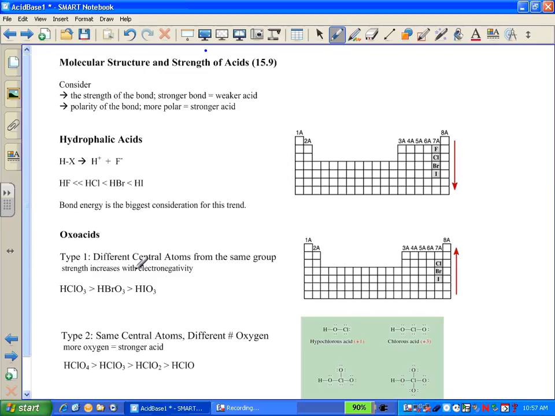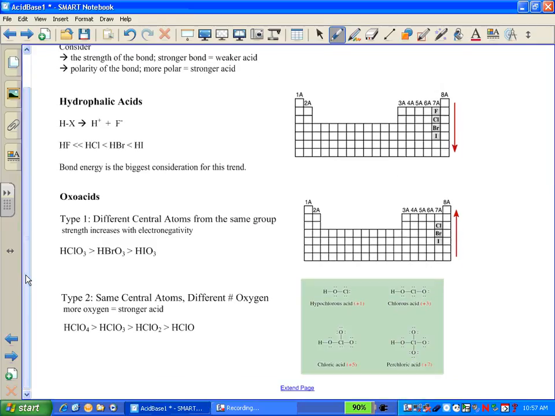Now, if you've got the same central atom and a different number of oxygens, so we've got this list here of HClO4, HClO3, HClO2, and HClO, the rule is that the more oxygen there is, the stronger the acid. And this, again, is related to drawing electron density away from this OH bond that needs to be broken for the substance to act as an acid.